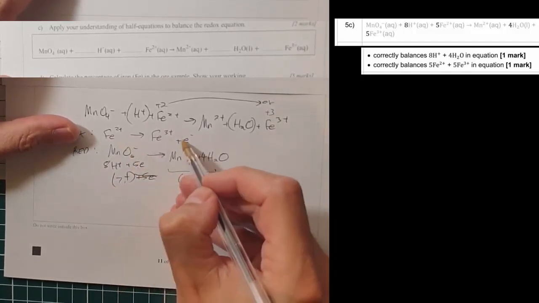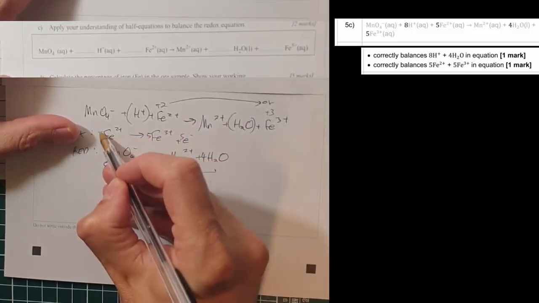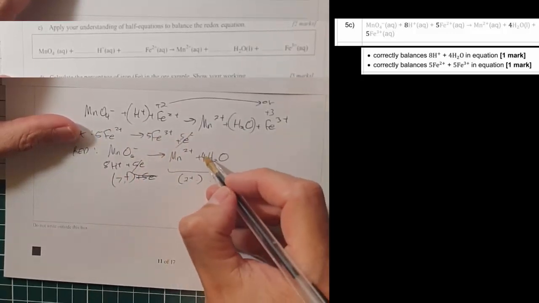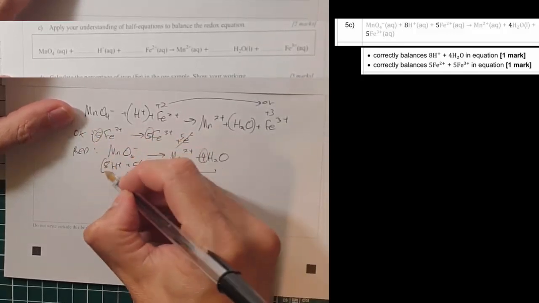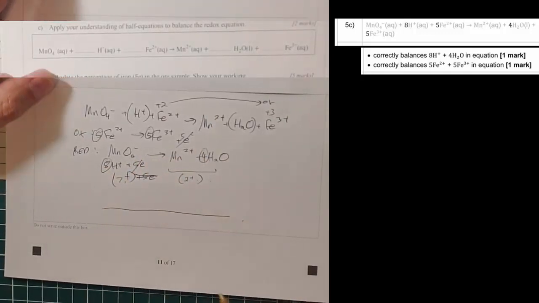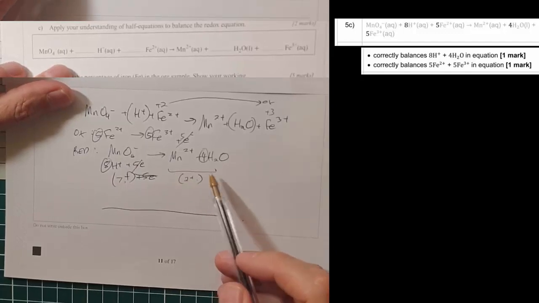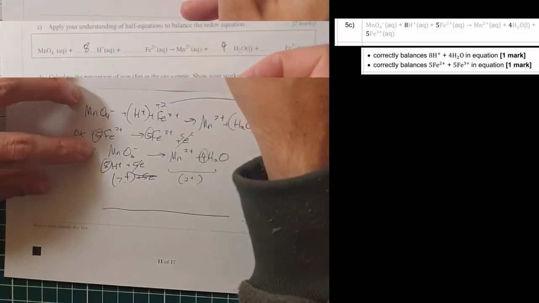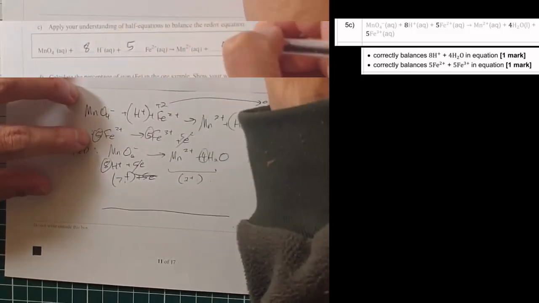So got to times these things by 5 to get these to be equal. Can cross out the electrons. And there I go. I've got 4, 5, 5, and 8. That's as fast as I can do it. So I'll just put those numbers in there. So there's 4, there's 8 hydrogens, the Fe on this, and there's 5 on both sides.